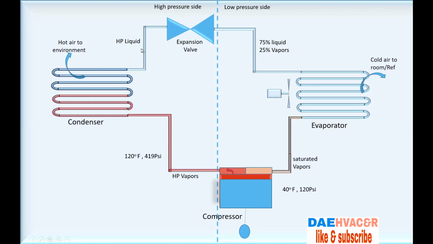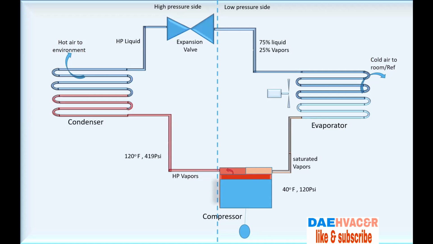Now this high pressure liquid will move to the expansion valve, and the expansion valve reduces its pressure from high pressure to low pressure. When the expansion valve reduces the pressure, its temperature will also decrease and the refrigerant will reach nearly its boiling point. So after absorbing a small amount of heat, it will start to change its state from liquid to vapors. So what does the evaporator actually do?